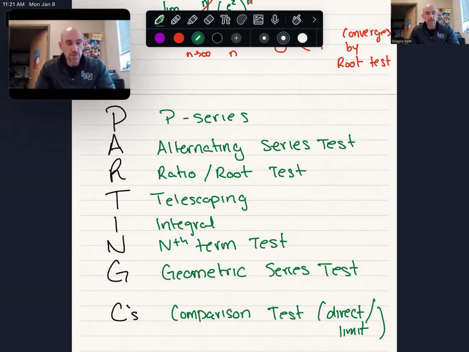Some of these will show up again as we continue through this chapter, but our upcoming test will cover all of 9.1 through 9.6. And that will have all of this on here, including sequences that we did in 9.1. So practice ratio and root test, and we'll put it all together when I return.